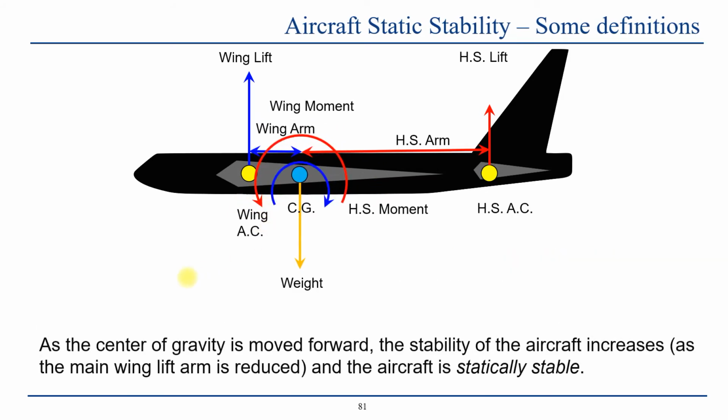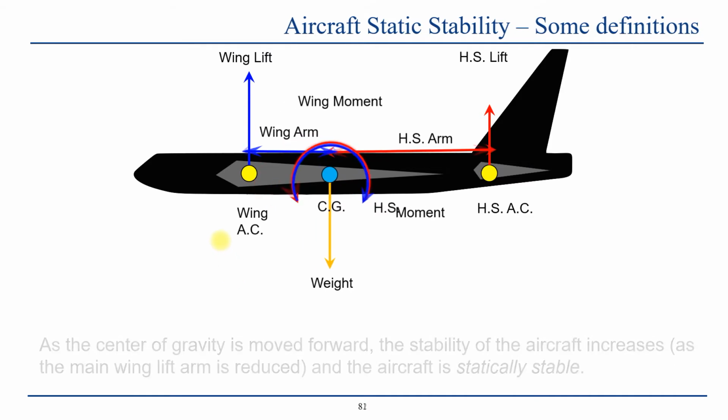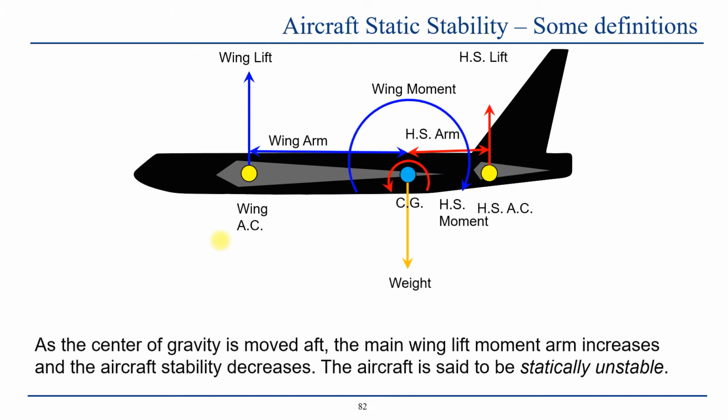We said as the CG, or the center of gravity, moves forward, the stability of the aircraft increases and the aircraft is statically stable. When it moves backward, towards the tail, the aircraft stability decreases. So the aircraft tends to become more statically unstable.